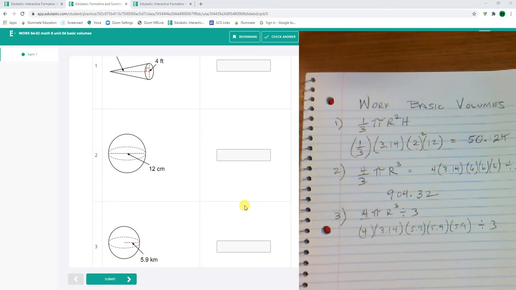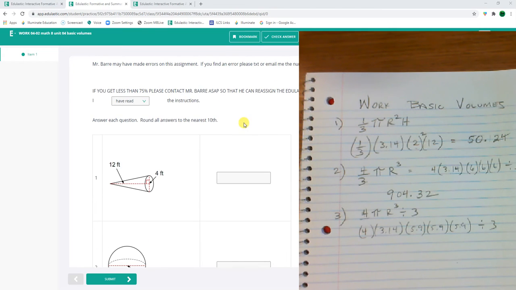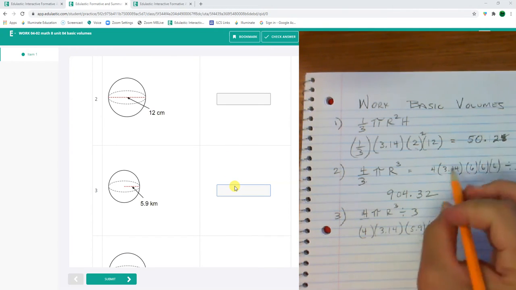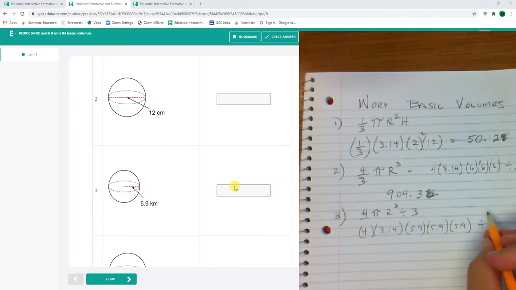This is going to take some rounding. What's this say about rounding? Round all answers to the nearest tenth. Okay. So I'll have to round that to a 0.2, and I'll have to round that to a 0.3. And this is going to round to 859.8.